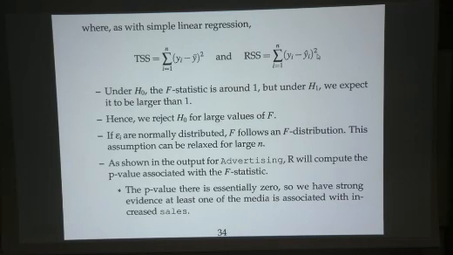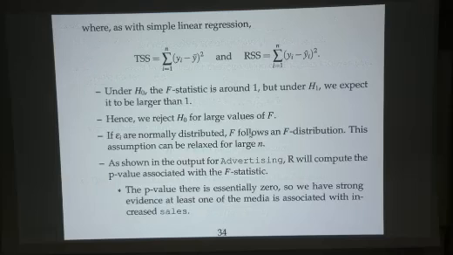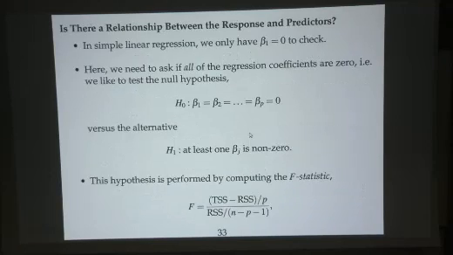If you are under H naught, that is, all these coefficients beta 1 up to beta p are 0, then you can show that this F statistic is around 1. If you are under H1, that is, if one of them is non-zero, then you can show that it is larger than 1.